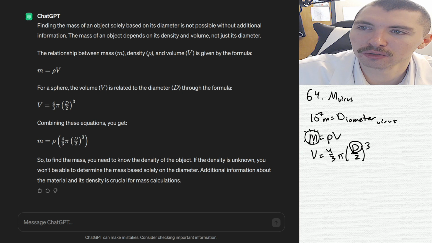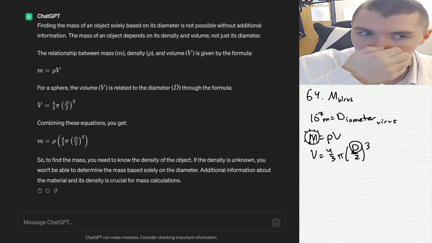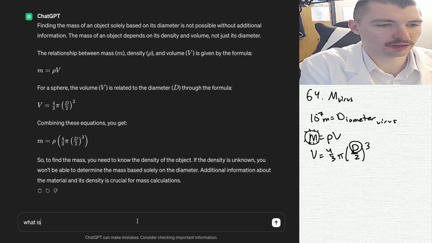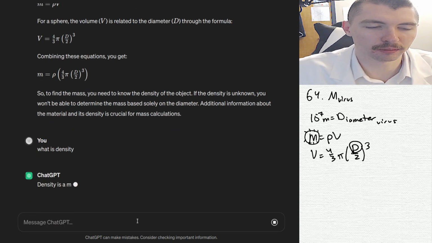So we need to know the density. What is density? I think it's mass over volume.